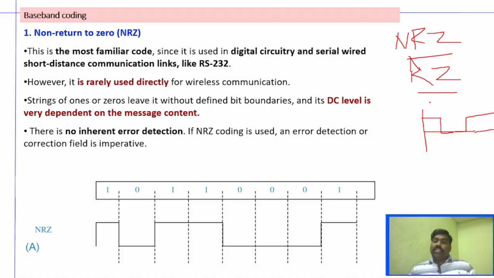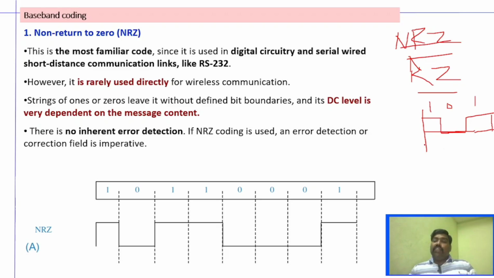Say for example, this is 1, this is 0, and this is 1. Only at 0 does it come to this particular level. It travels in this line. It is not traveling in between the bits. If it is not coming to the zero level in between the bits, then that is called NRZ.